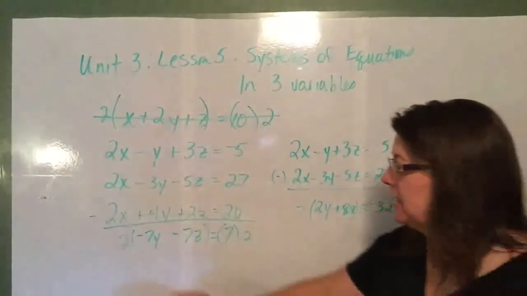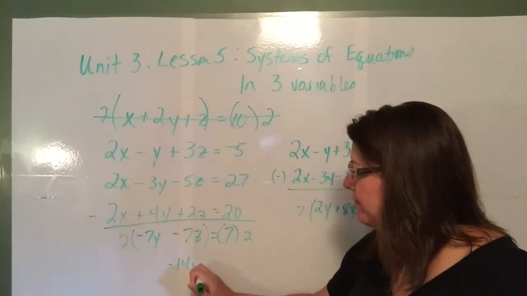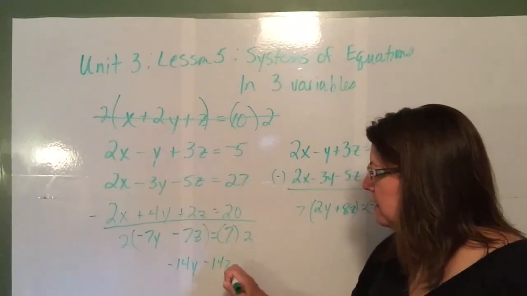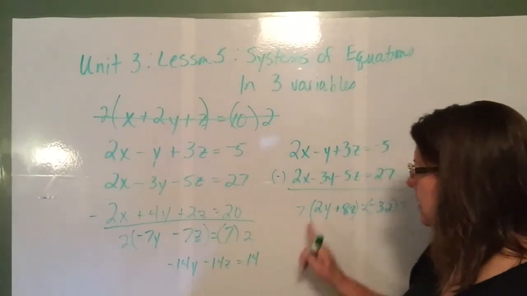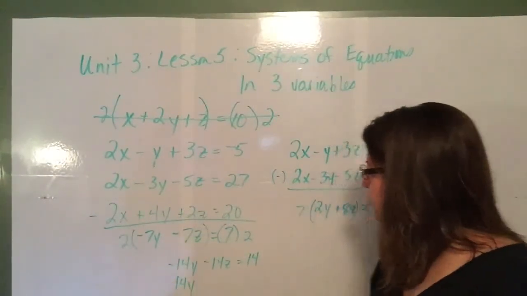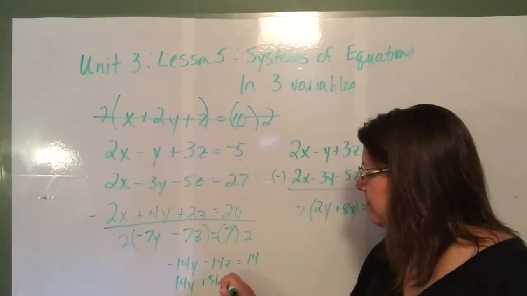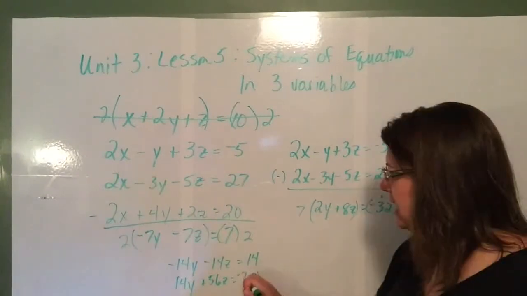So let's do that. 2 times negative 7 is negative 14y. 2 times negative 7 is minus 14z. 2 times 7 is 14. And then here, 7 times 2y is 14y. 7 times 8z is 56z. And 7 times 32, that's a negative 224.